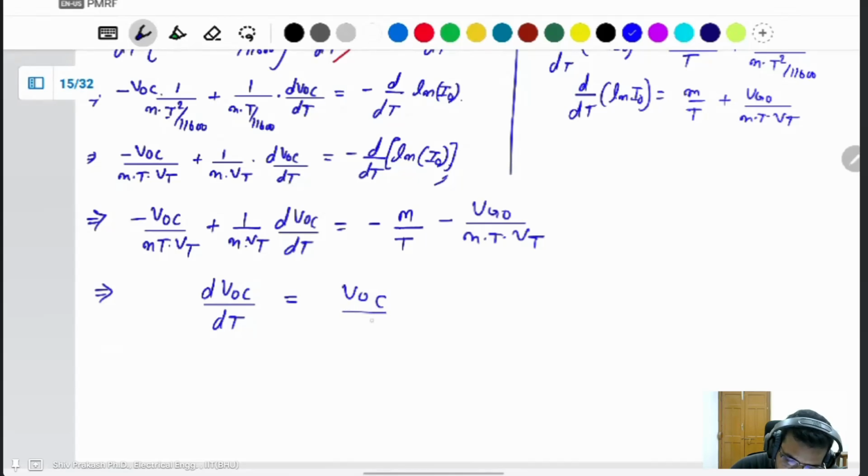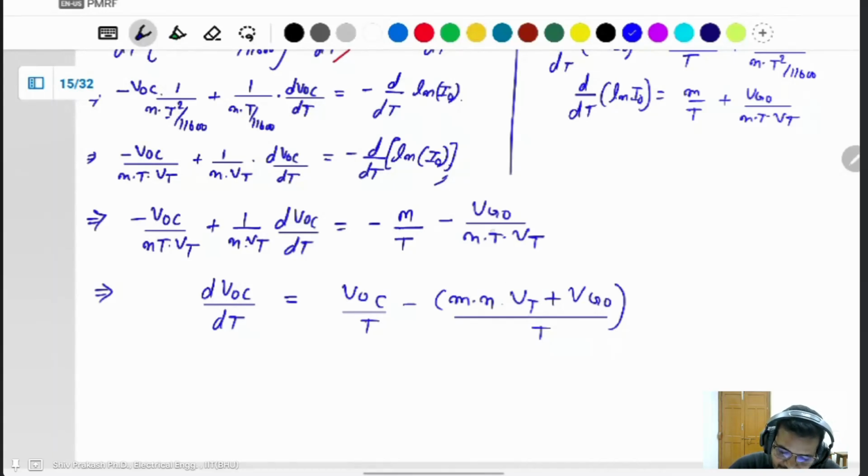So VOC by T minus m n Vt plus VGO. We take a common this one, then it will be m n Vt divided by VGO, minus.